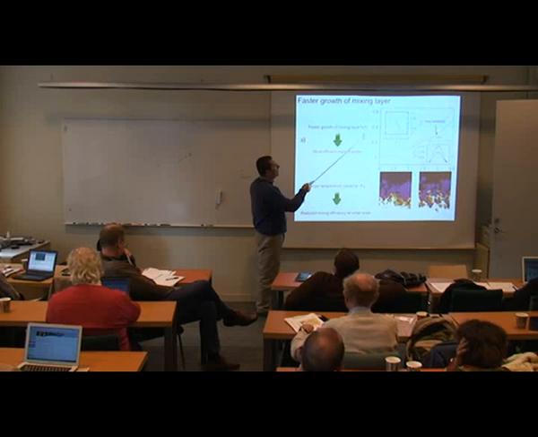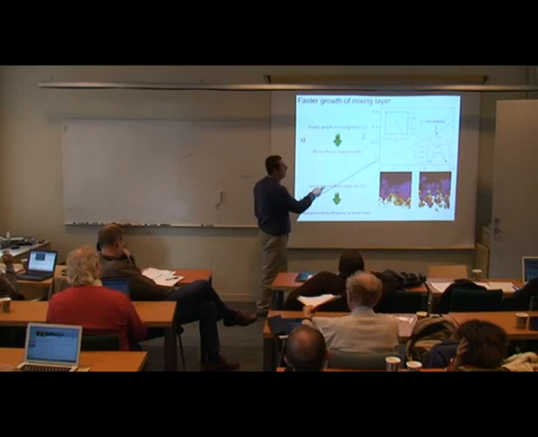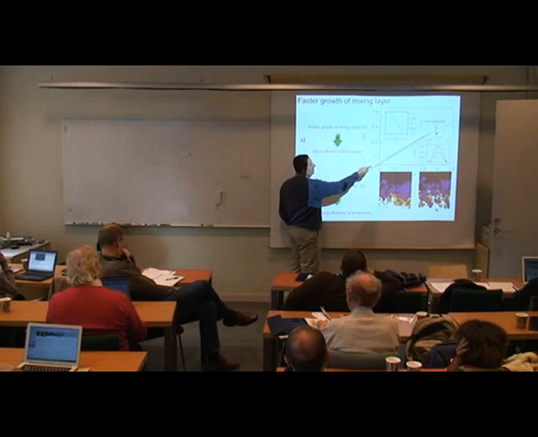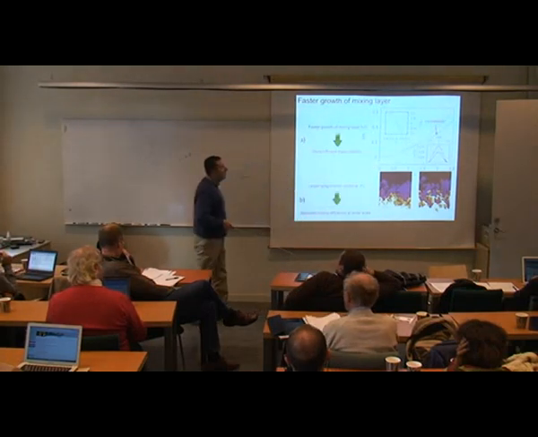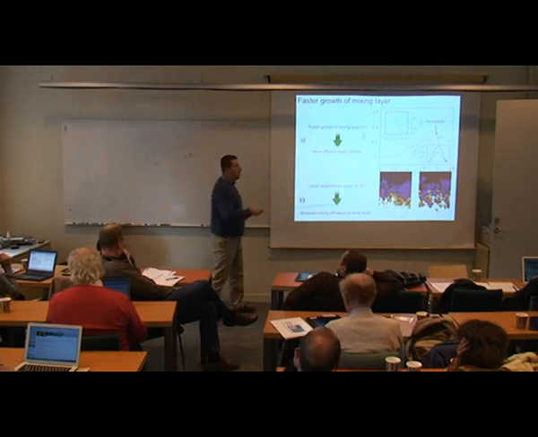Some other properties of the viscoelastic flow. What about the behavior of h, the mixing layer height, as a function of time? This is the Newtonian, this is the viscoelastic. Again, the growth rate is increased by the presence of polymers. That means that the mixing at large scales is increased by the presence of polymers.